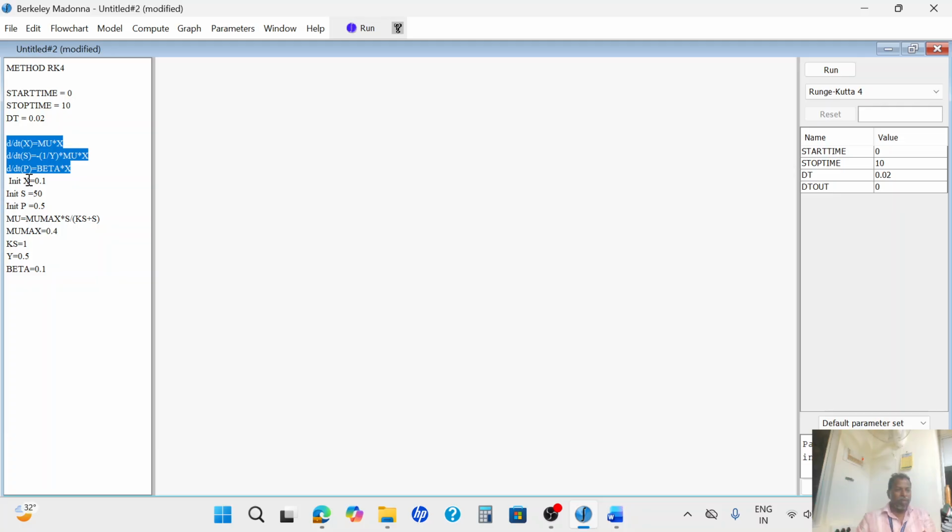After feeding these, the constant values, such as mu, then 1 by Y, the yield coefficient, and beta, all the values must be assigned. Once all the values are assigned, we go to the stop time as 100 and start time as 0. The differential time is 0.02.